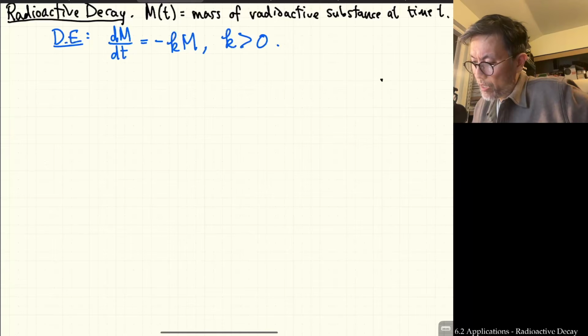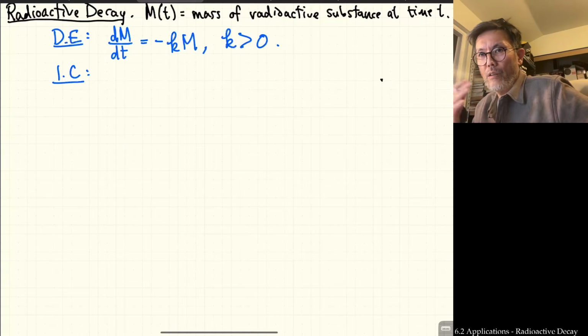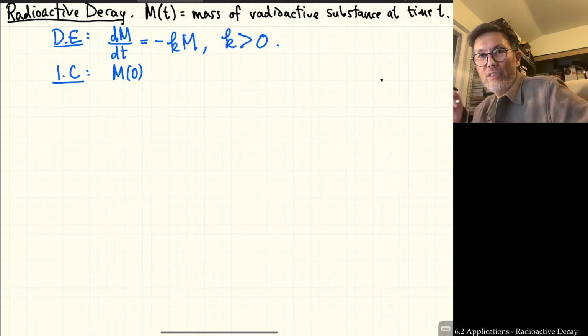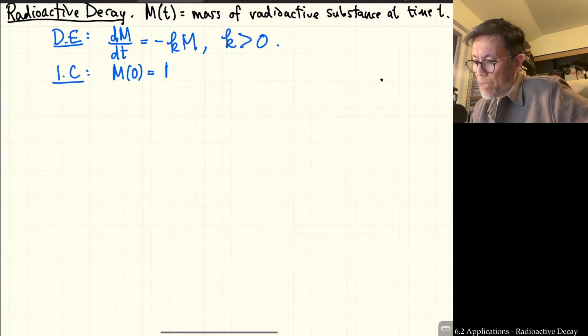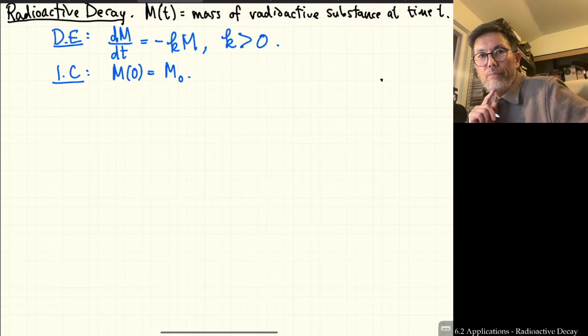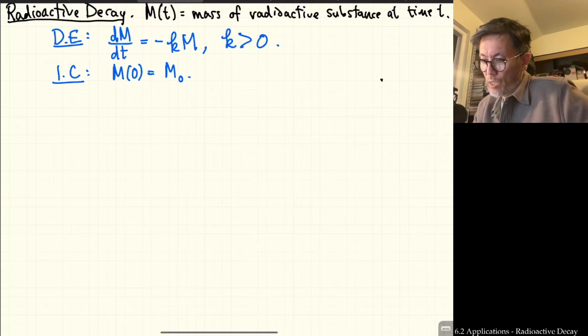Then we have an initial condition. The initial condition is just a simple statement. We're just going to say that m of 0, the amount of radioactive stuff present at time t equals 0, is just going to be labeled by m sub 0, m naught. Okay? Now, none of this is hard. We've solved this equation before. We know the solution.